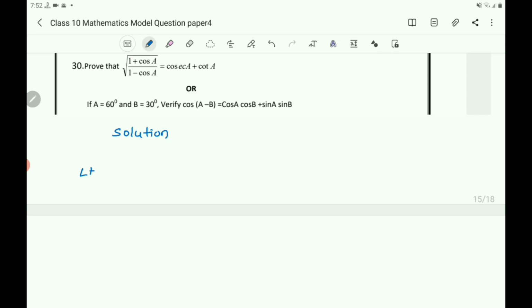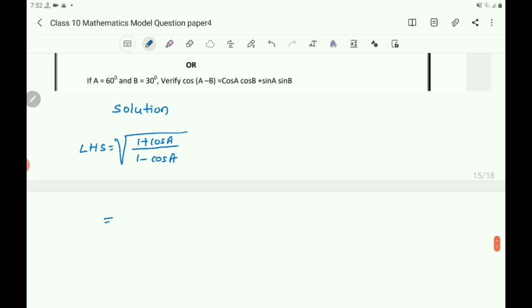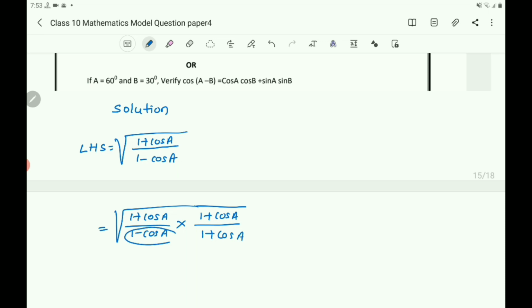Solution: you write LHS equals whole root of 1 plus cos A by 1 minus cos A. Now here you multiply both numerator and denominator by 1 plus cos A. So you write 1 plus cos A by 1 minus cos A as it is, into 1 plus cos A by 1 plus cos A, because here 1 minus cos A is there.